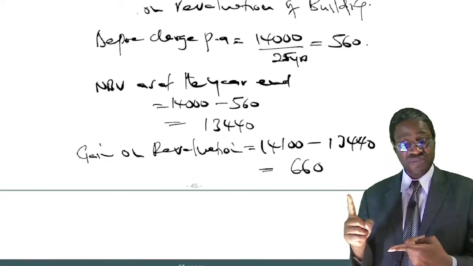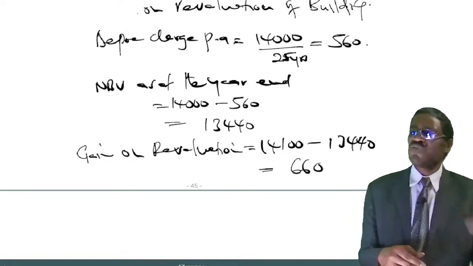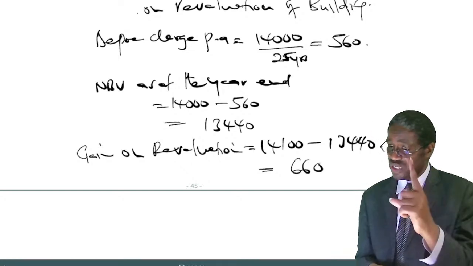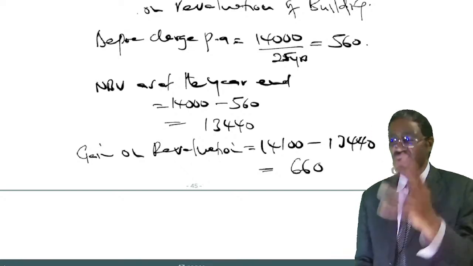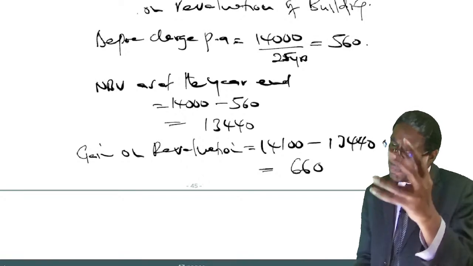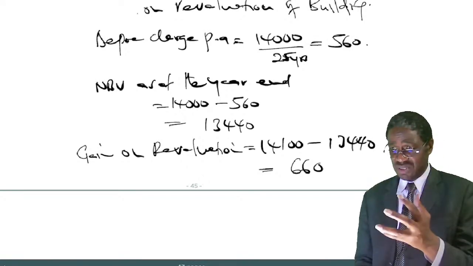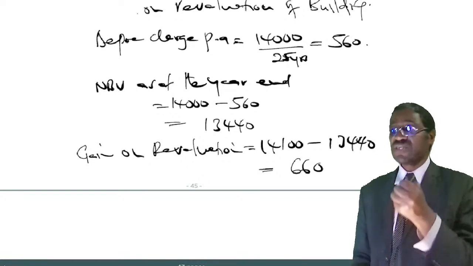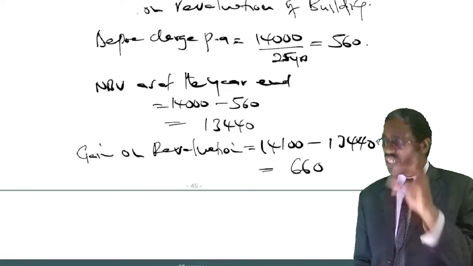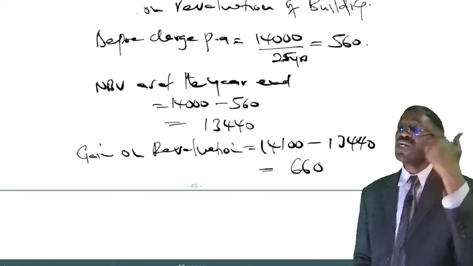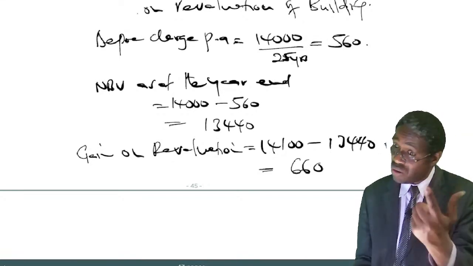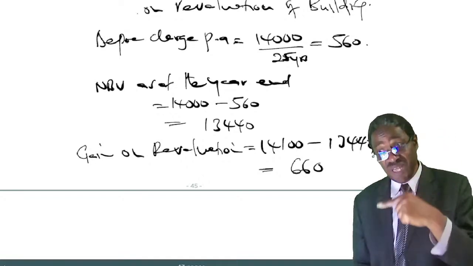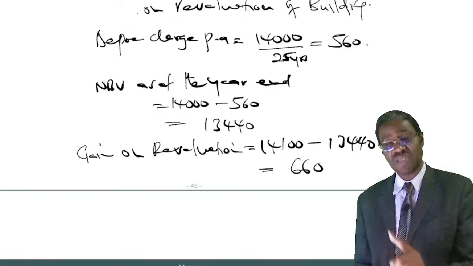Listen carefully. We can't go to the books of last year and correct it. But this is what we can do. We know whatever was the retained profit carried down last year automatically became the brought down this year. Whatever was the retained profit carried down last year was wrong. That retained carried down last year automatically became the retained brought down this year.